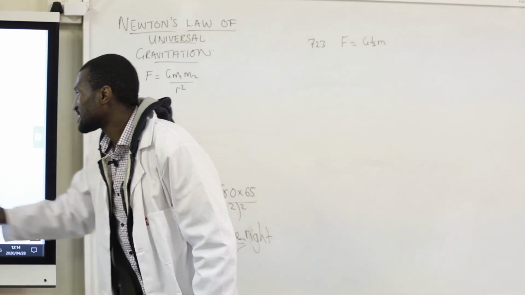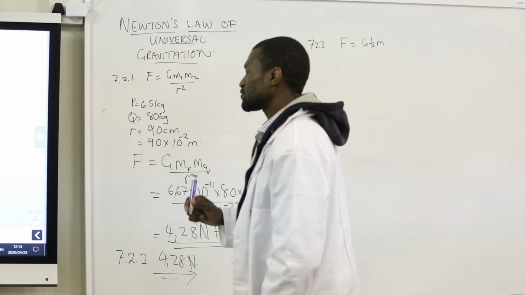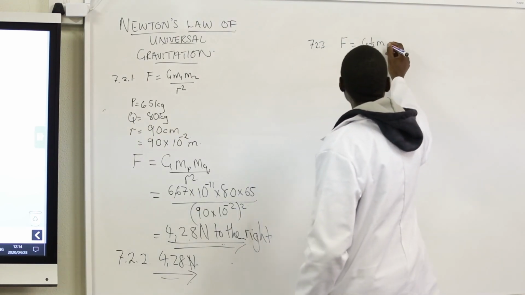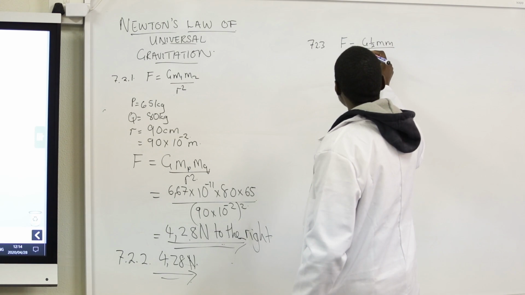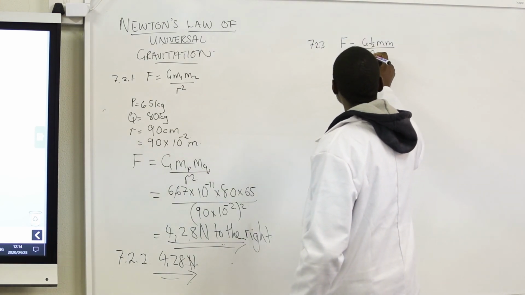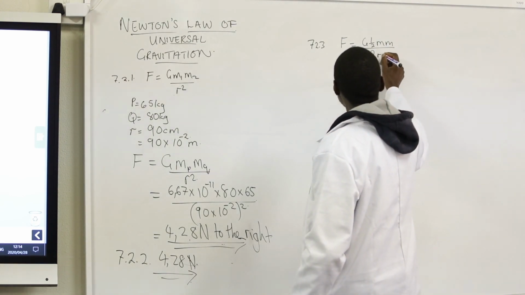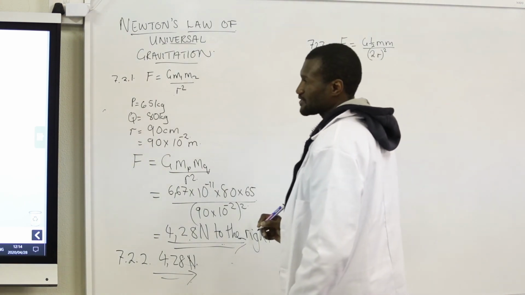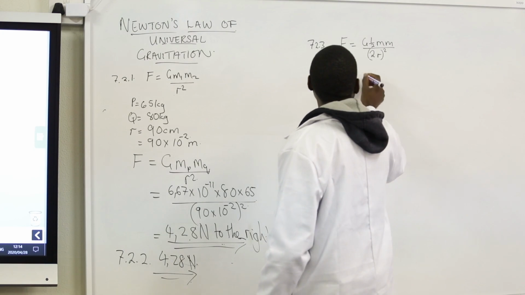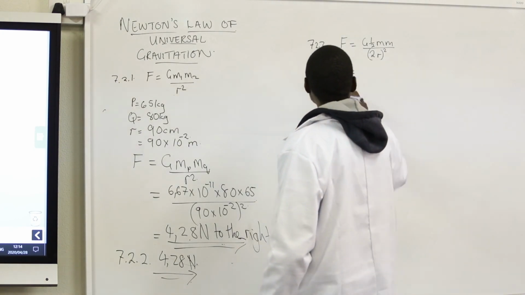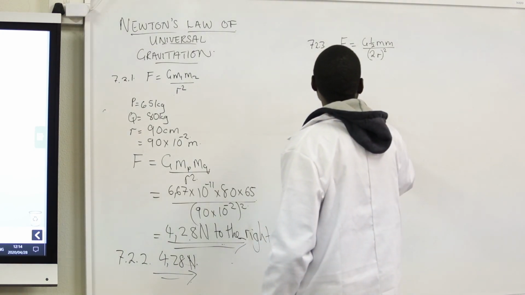And the distance between the balls is doubled. So the distance between the balls, how am I going to do it? 2 multiplied by R. So the distance has been doubled. I'm not going to double 90, all right?